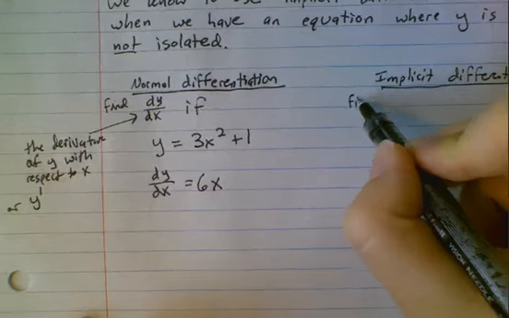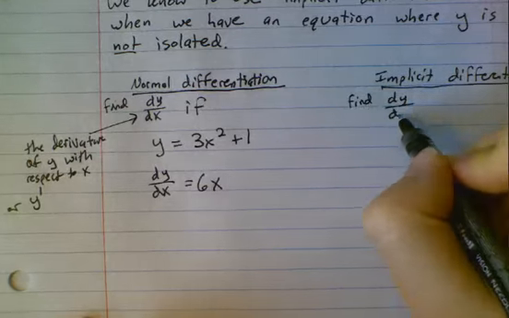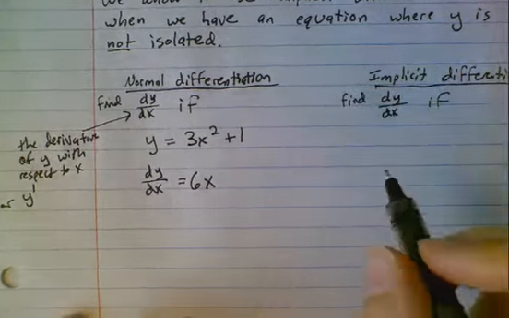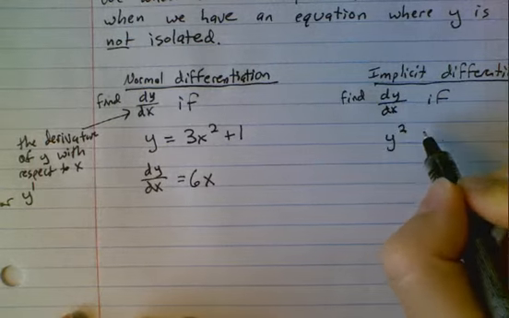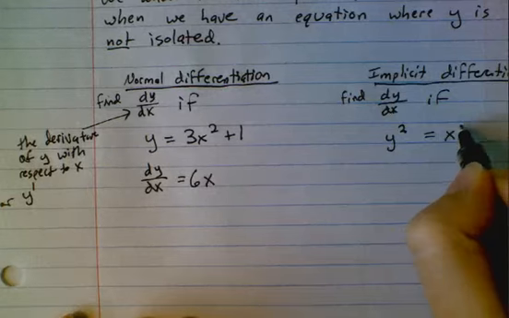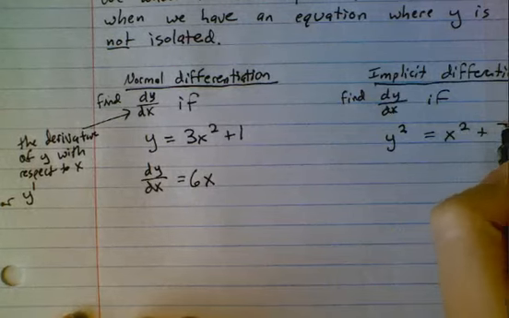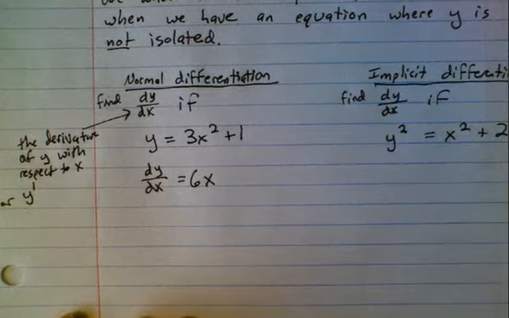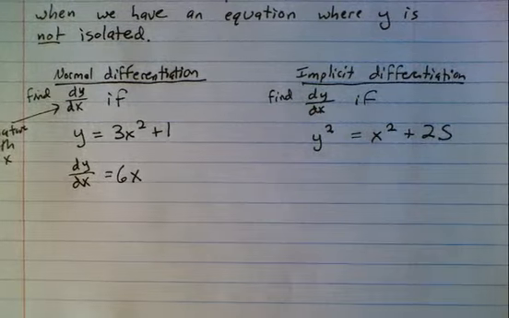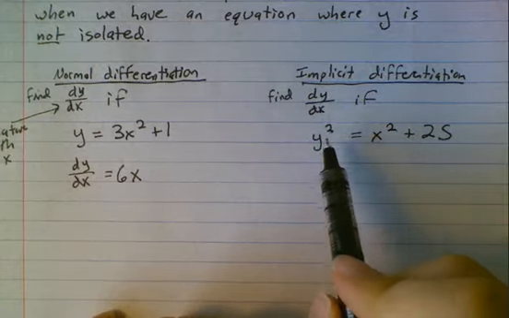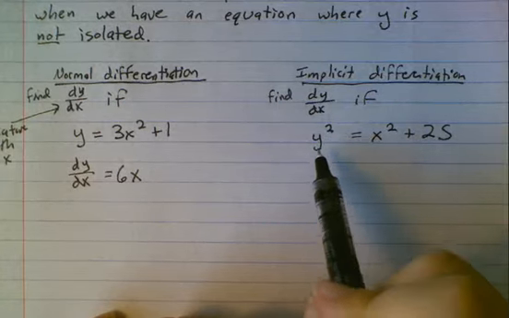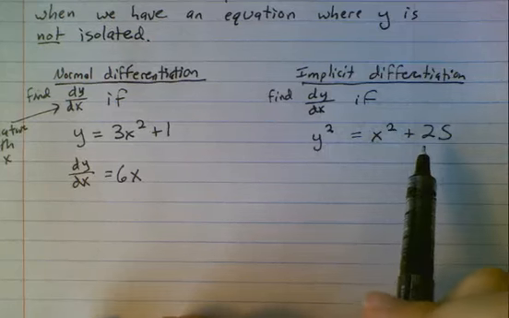On this side, we're going to find dy dx if, instead of just y, we've got y squared. Let's say that equals x squared plus 25. In implicit differentiation, if we don't have y isolated, we imagine ourselves taking the derivative of both sides of the equation.